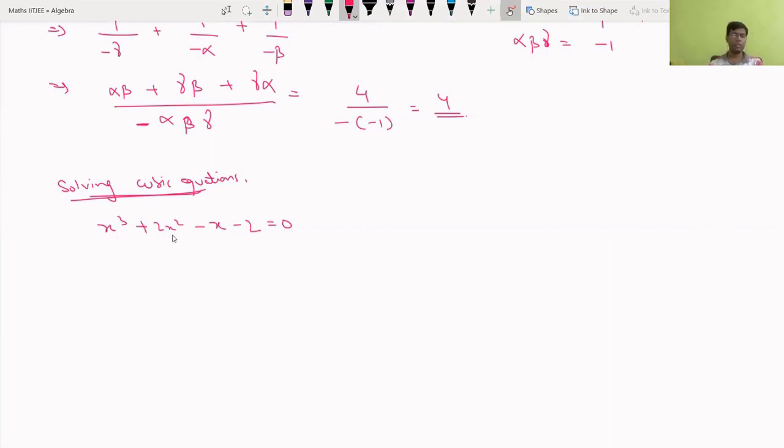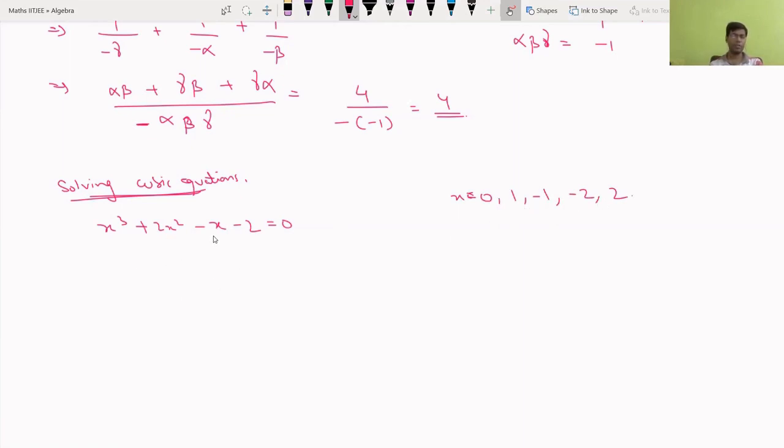But generally the first root we try to find out by observation, or you can say the hit and trial method. The possibilities are x is equal to 0, 1, minus 1, minus 2 or 2. Generally one of these numbers will be one of the roots.